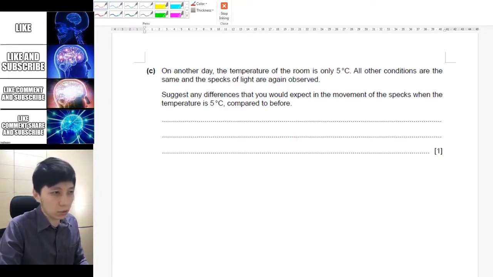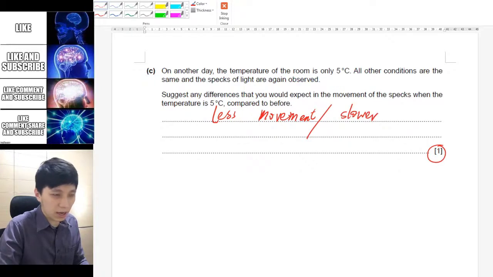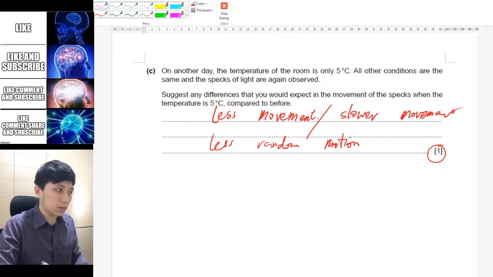Because it's only one mark, you can just simply say less movement. Or you can also say slower movement, which I actually prefer. You can also say less random motion, because it's not as chaotic.